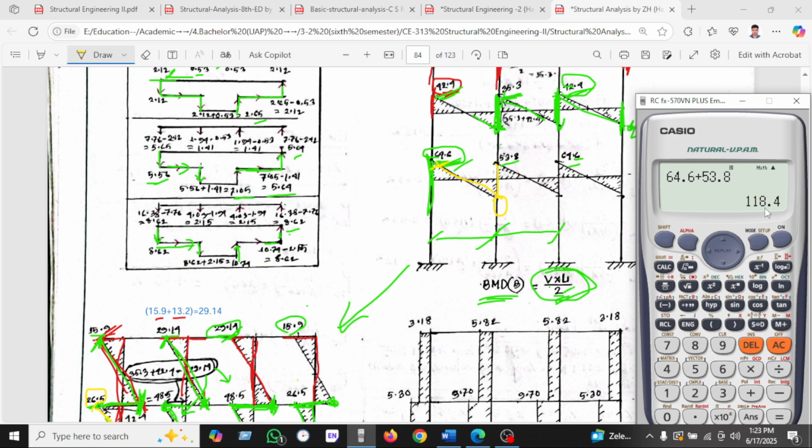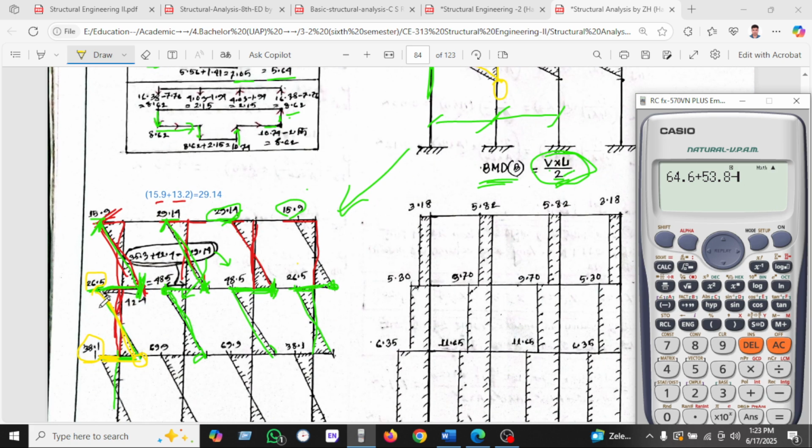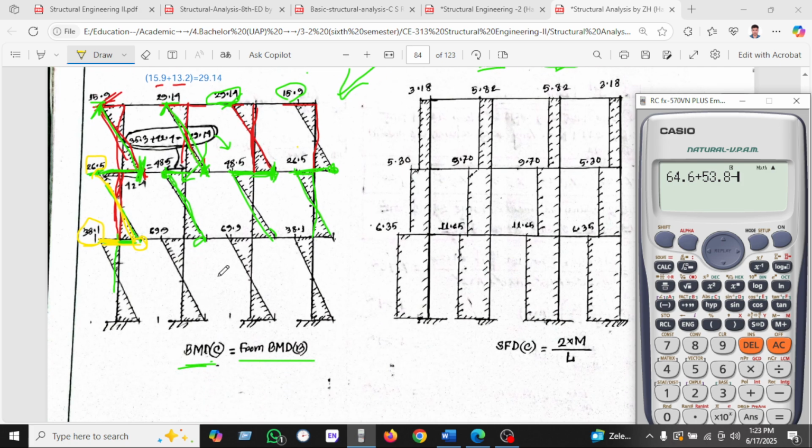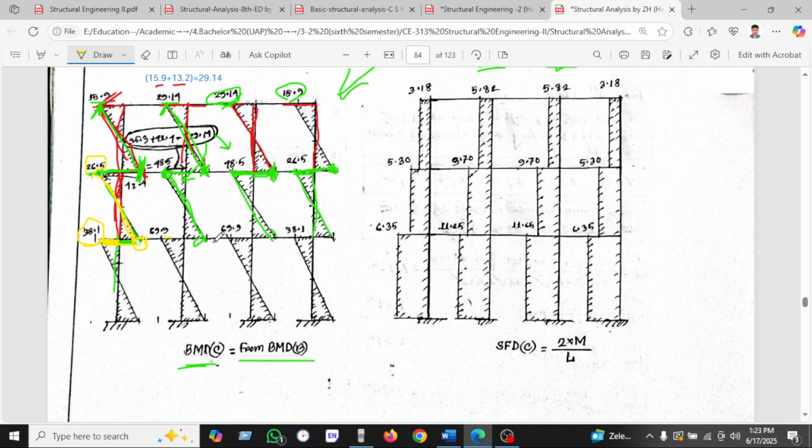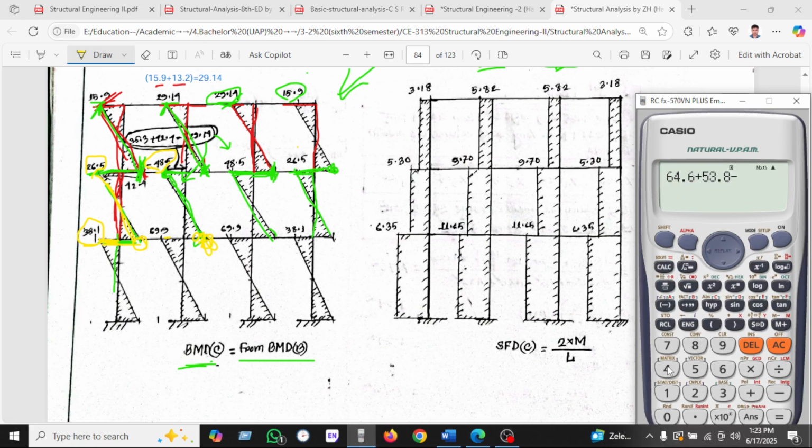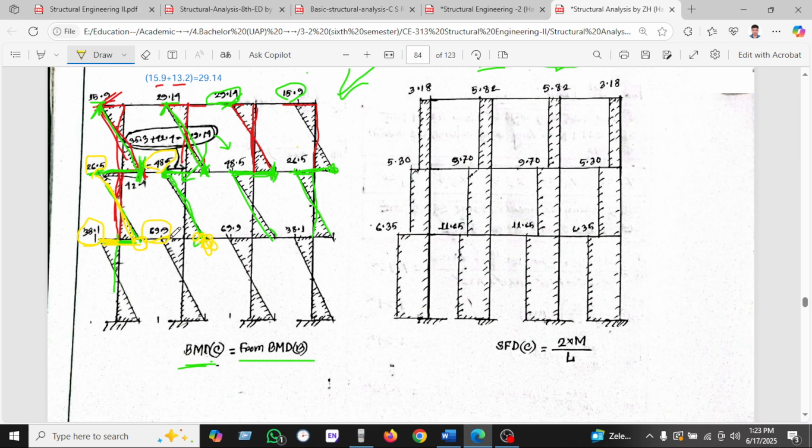So our total value is 118. So we have 118, and we already have 48.5 here. So here also 48.5. If we deduct the 48.5, then it will be 69.9. So these are the 69.9.